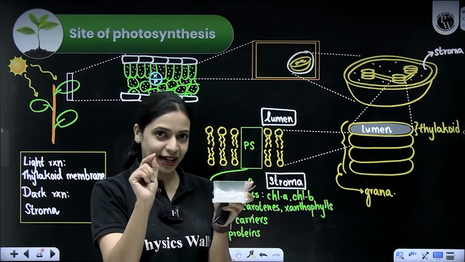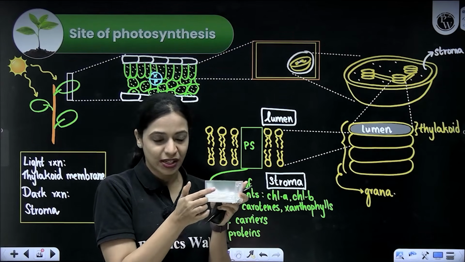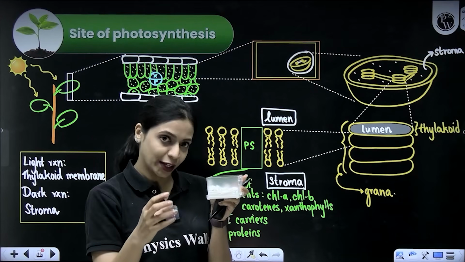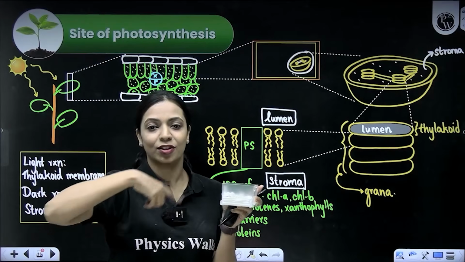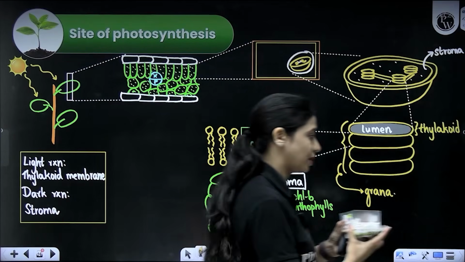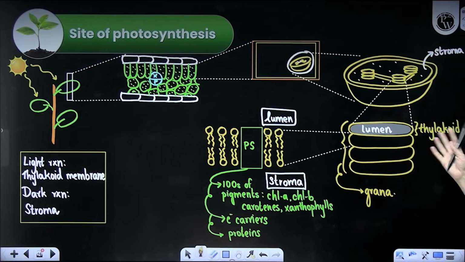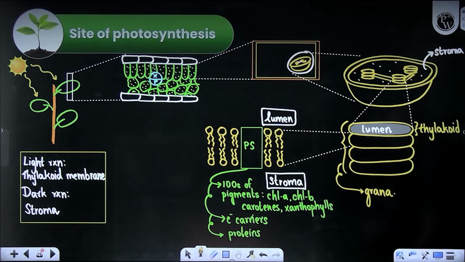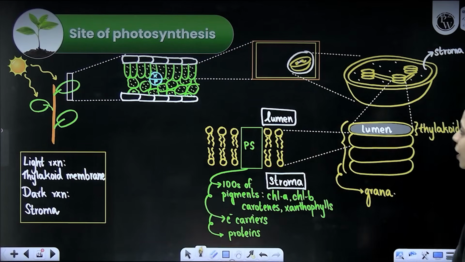Dark reaction site is in the stroma. This membrane will produce ATP and release it outside. That is made use of by the chloroplast in the dark reaction in the stroma present around it. That is the site of photosynthesis. Light reaction happens in the thylakoid membrane while dark reaction takes place in the stroma.